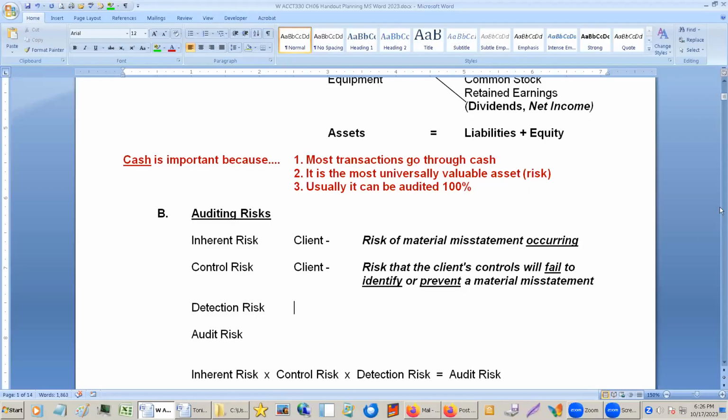If it did go into the system, will it identify, oh, by the way, this mistake is wrong. So now, if the client fails, it's up to the auditor, right? As the external auditors, we're the last hope. If it occurs, gets into the system somehow, and doesn't get kicked out by their internal controls, then it's up to us. So detection risk is the auditor.